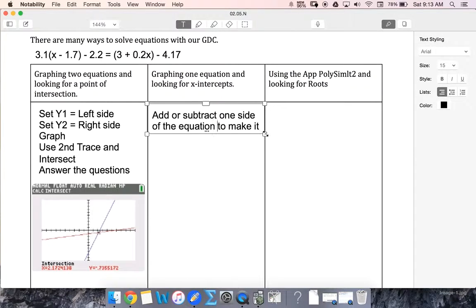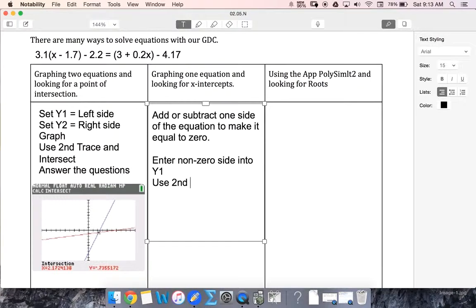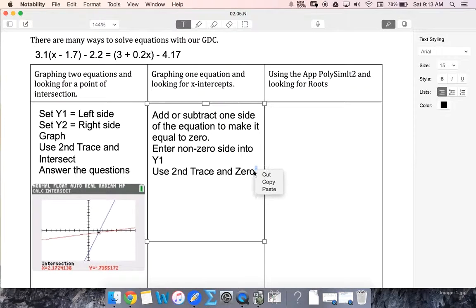Then the next step is to enter the non-zero side into y1, and then we use second trace and 0 this time to find the x-intercept. Again, we made this equal to 0 because y equals 0 at x-intercepts. So use second trace and 0, and then we answer the questions again.